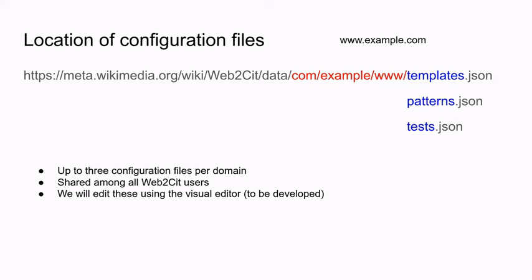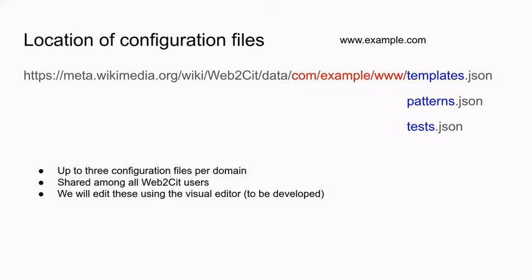It's not that if you edit the files, you're just editing how Web2Cit is going to work for you. You're going to change how Web2Cit is going to work for everyone, but just for the specific domain you're working on. So let's say I'm a user that feels a little bit intimidated by the fact that you might change everything for everyone.